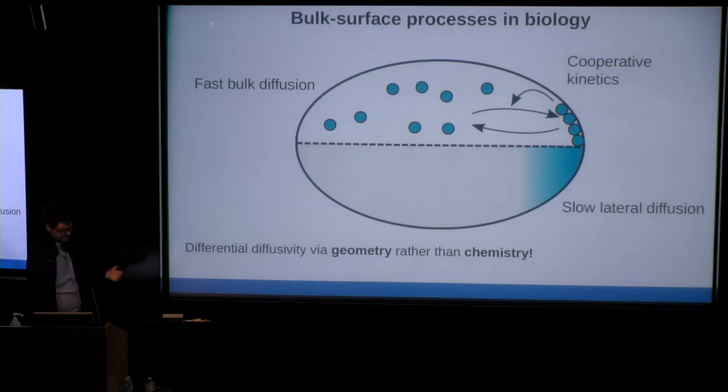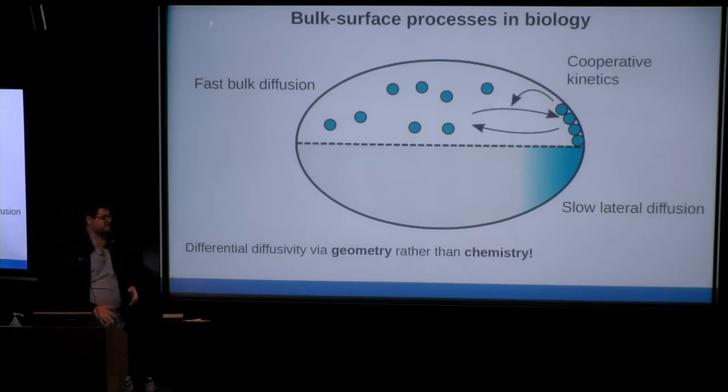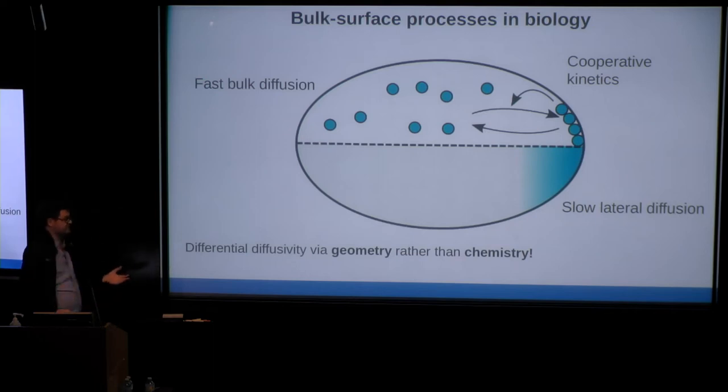For a variety of reasons, when it's in the cytosol, the protein will move much faster, with a much higher diffusion constant than on the cell membrane. Because on the membrane, it's bound to the surface and has to interact with all the phospholipids there. Also, you just naturally move faster when diffusing in 3D than in 2D. So you have a much faster natural diffusion in 3D than on the surface.